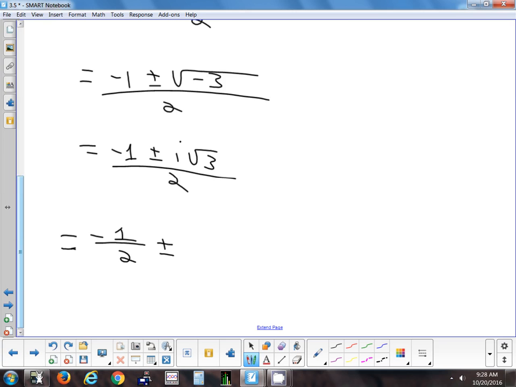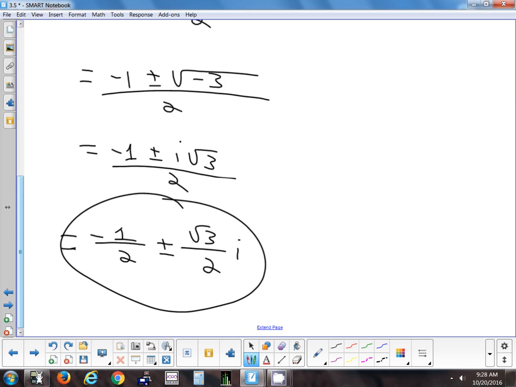And what number is with the i? Square root of 3. And that's also going to be divided by 2. It's exactly what I just did in the last problem, to split it into real part and imaginary part. And those are your two answers.